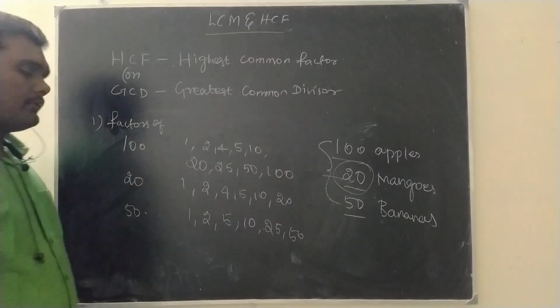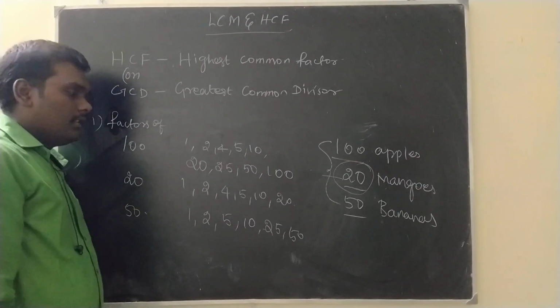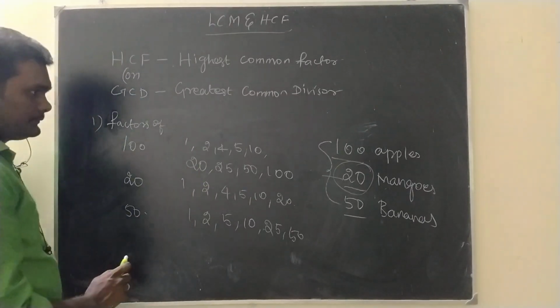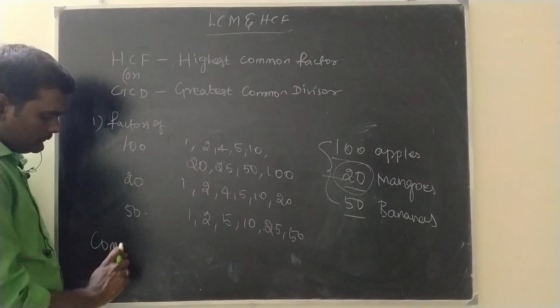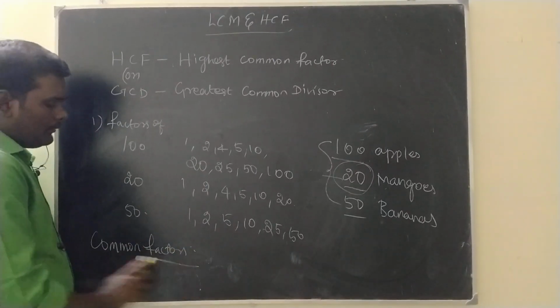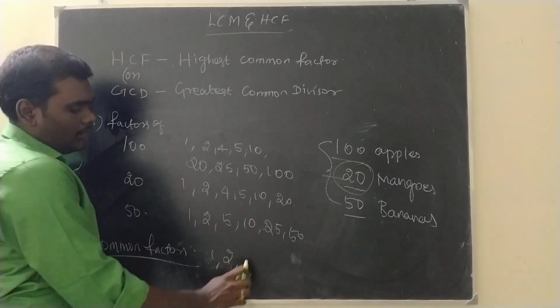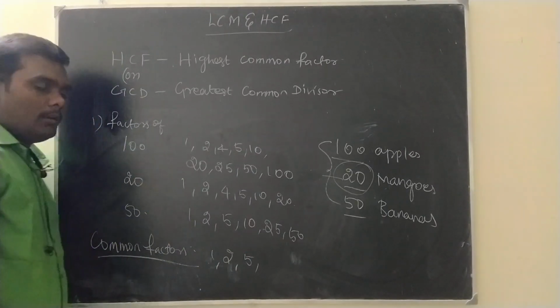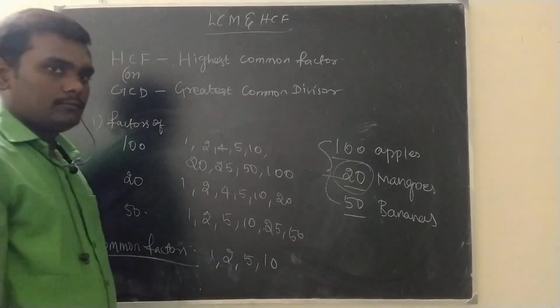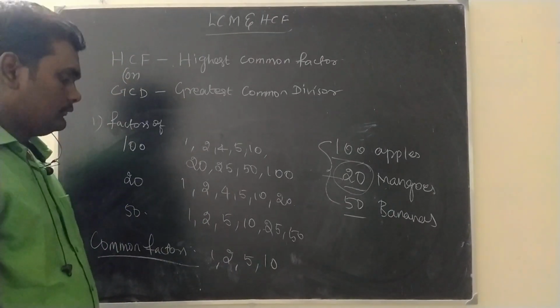These are all factors of the given numbers. In this, for all the 3 numbers, what are all the common factors? The common factors: 1 is common, 2 is common, 5 is common. That is all.